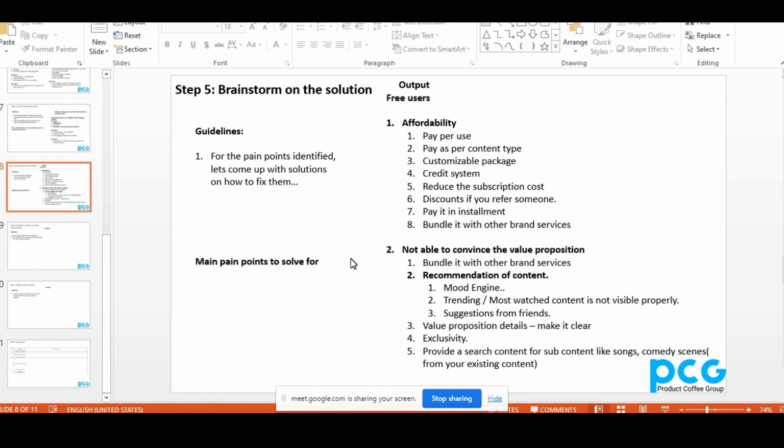When you make it a bundle offering, the constraint is that I'm being forced to pay for content that I'm not even interested in. So you think about how the user can pay as per his content interest. Maybe I'm only interested in general entertainment content, or only in movies, or only in sports. So I make those packs.